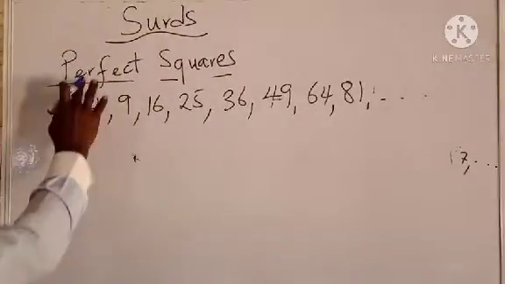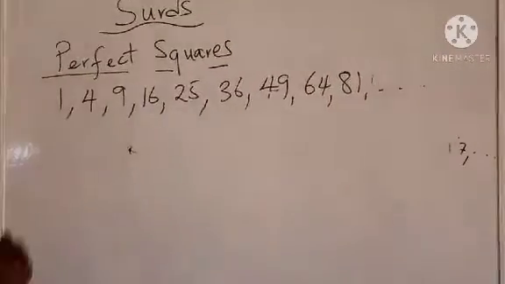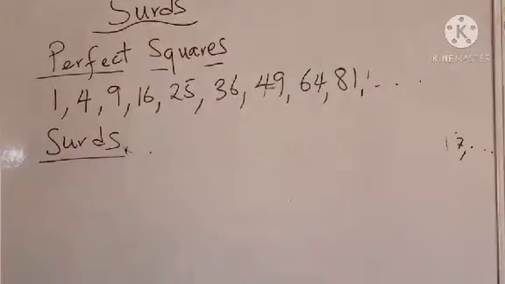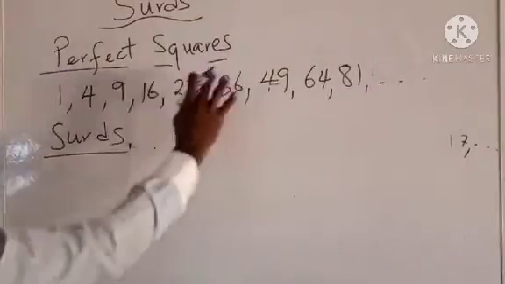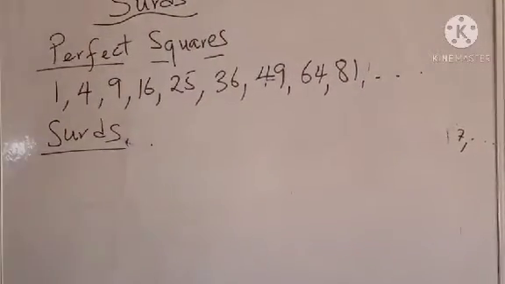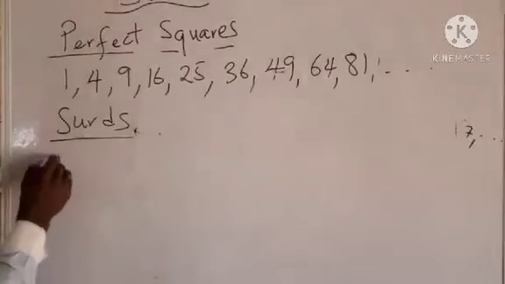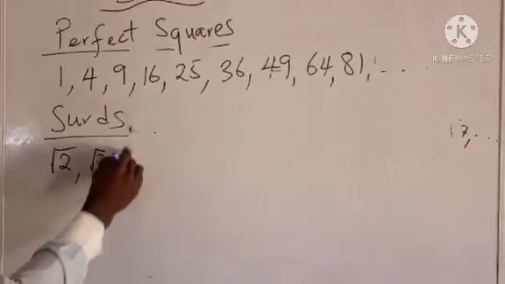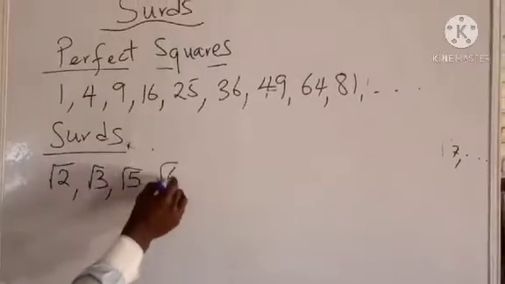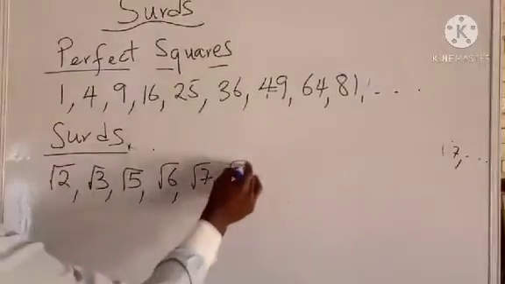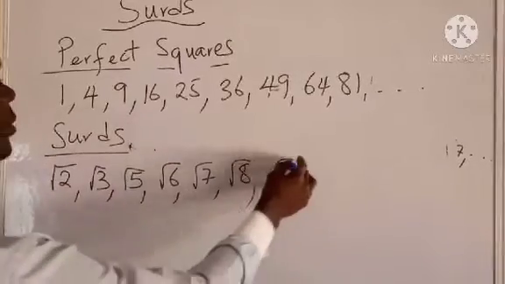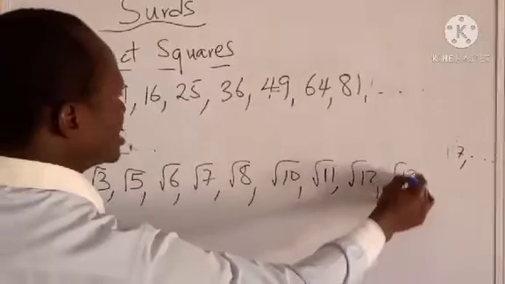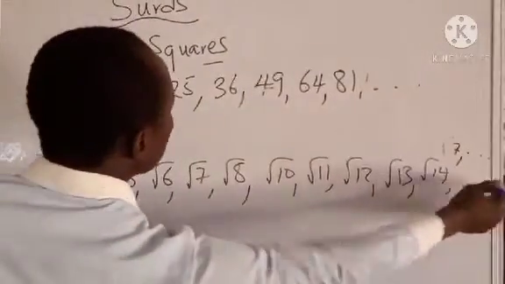Having understood what perfect squares are, we can now move into surds. The square root of a number other than the perfect squares gives a surd. So examples of surds include root 2, root 3, root 5, root 6, root 7, root 8, root 10, root 11, root 12, root 13, root 14, and so on.